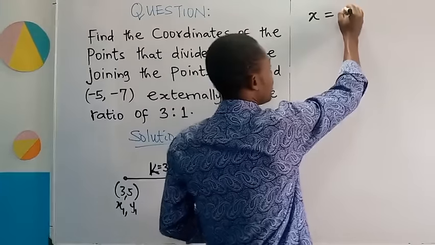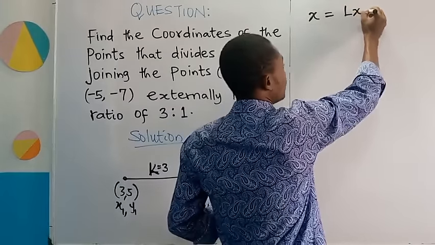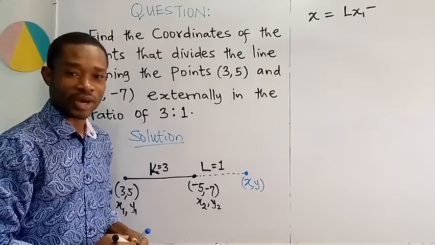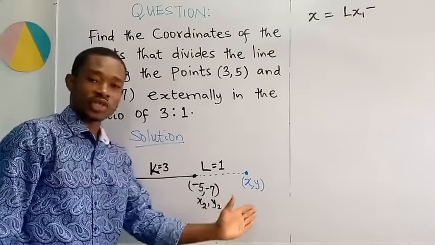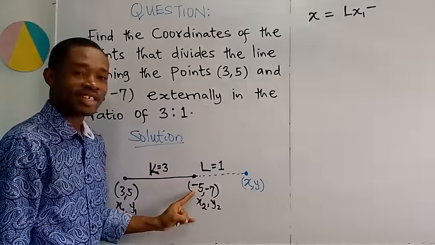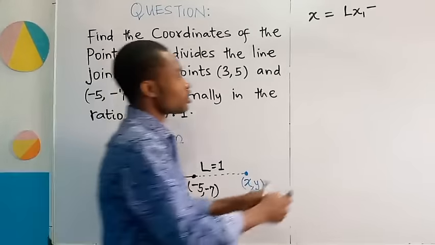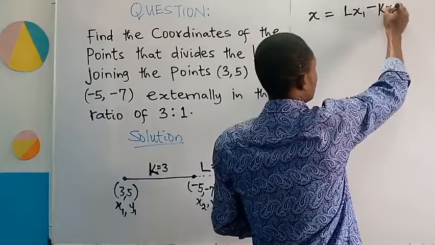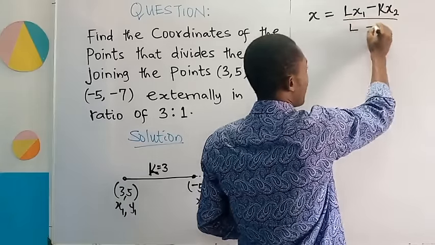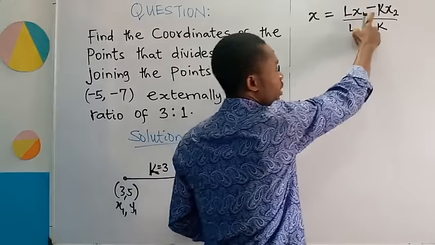So we have something like this, L x1, then minus. It's going to be subtraction. You move this way this time around. K times the x2 value. So that's going to be K x2. Now this is going to be divided by L minus K. You follow the order, L minus K, are you getting?